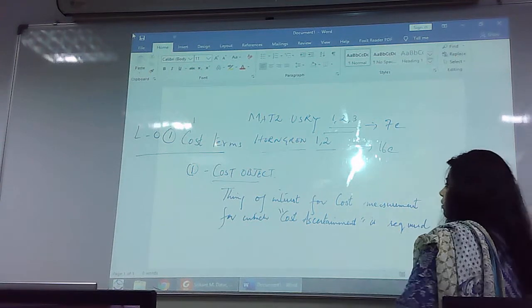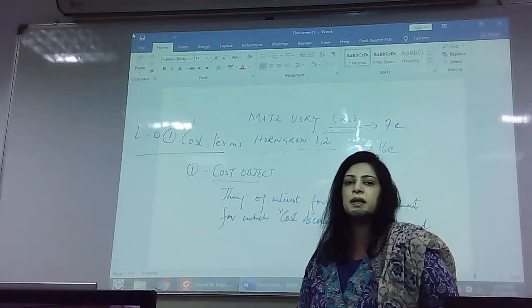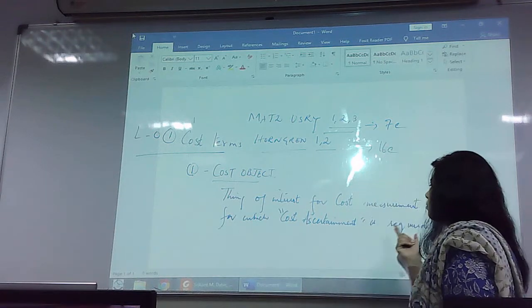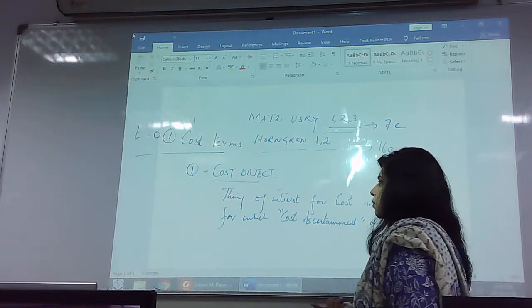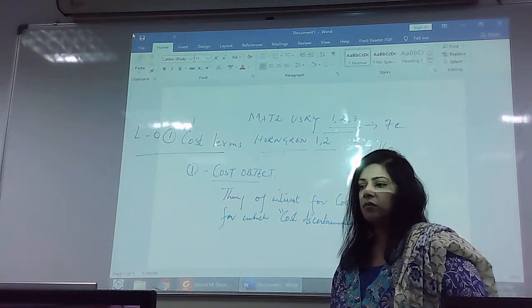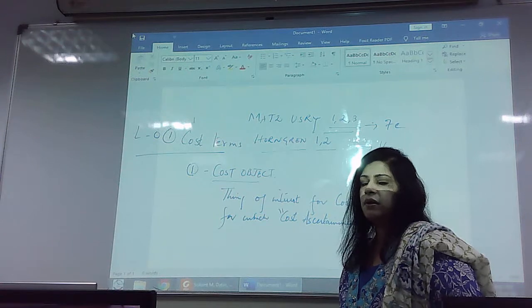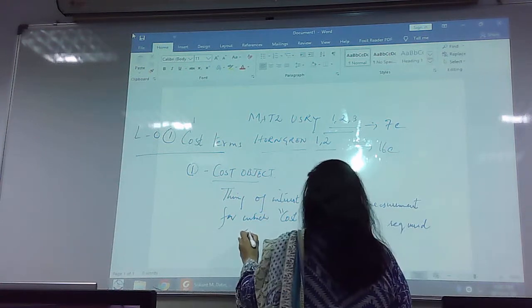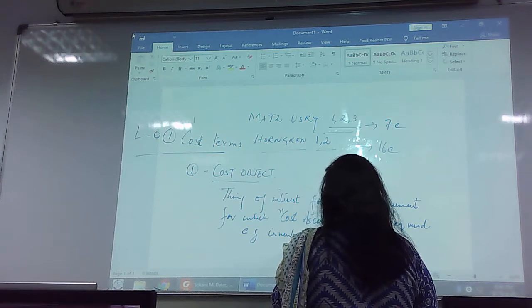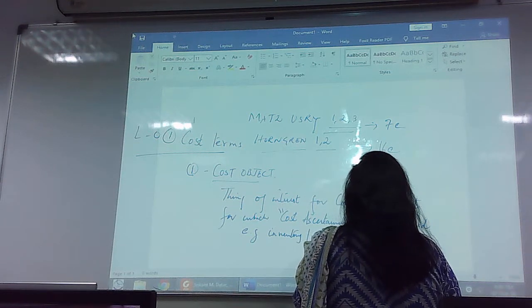So a cost object could be anything for which you ascertain cost, for which you want to measure the cost. I can give you an example of car tires, car doors, any inventory that the company makes. So what would be an example? Inventory or items made by a factory.